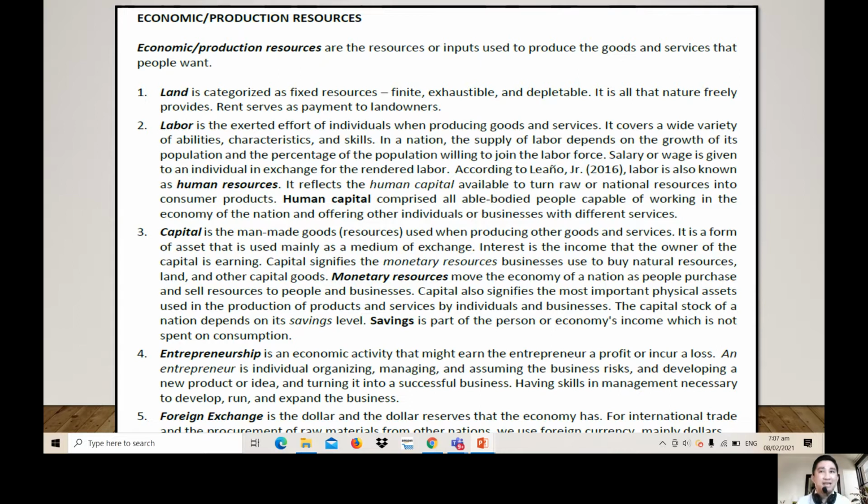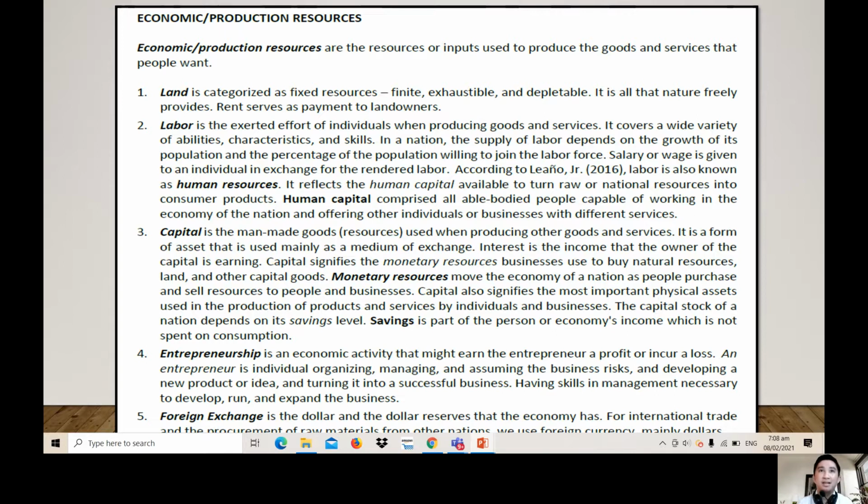So if you have this land, pwede mo to actually gamitin, okay, as part of your business activity. Yan. So kapag pinaparenta mo kasi siya, ayan, nagkaka-returns ka, nagkaka-income ka. Okay, and that is rent. So, may mga business owners din na wala naman talaga silang pagmamay-ari na lupa.